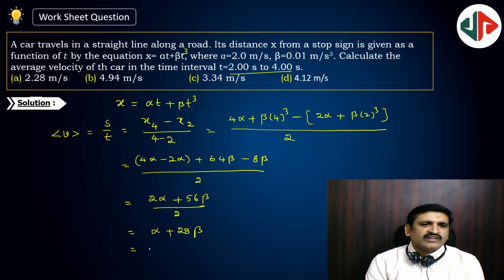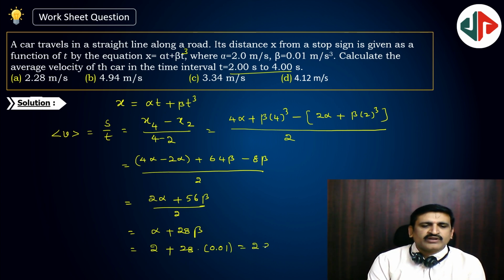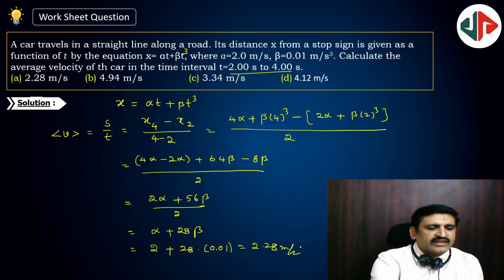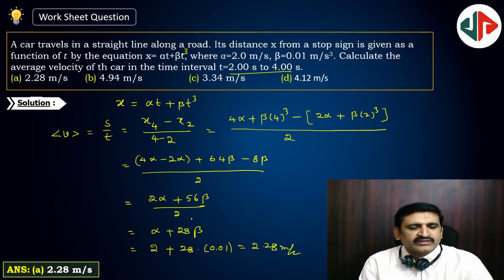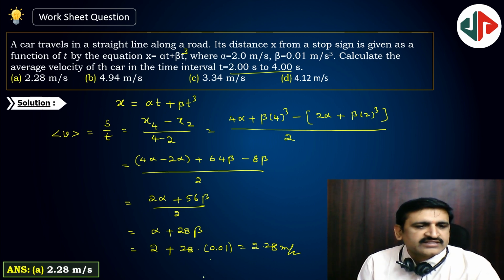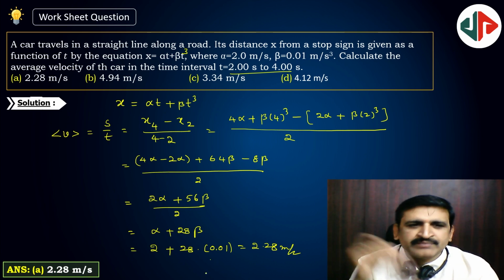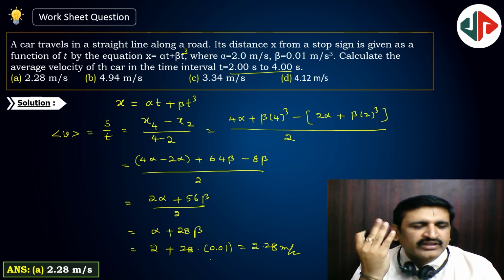Now alpha value is 2 plus 28 into beta value 0.01. So it is going to become 2.28 then. Yeah, 2.28 meter per second. Option A. Next. So first you can simplify in symbols, later you can substitute. Okay. Next.